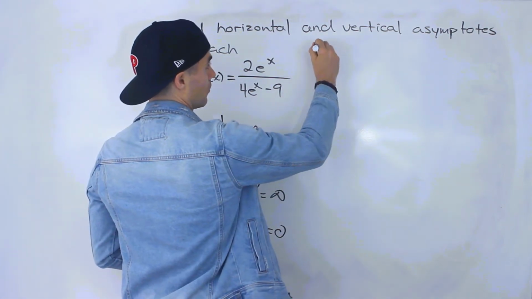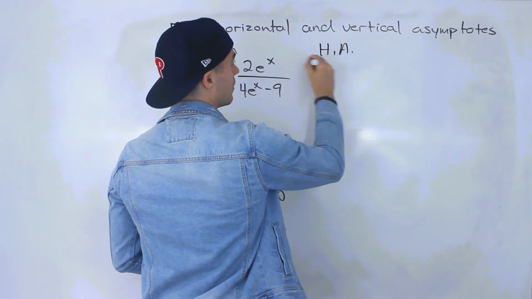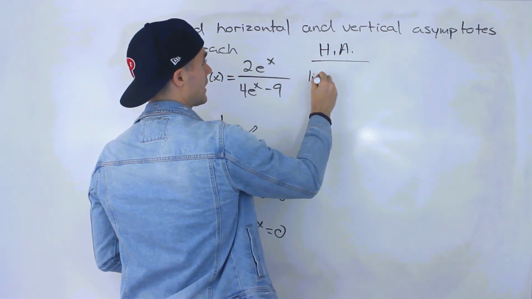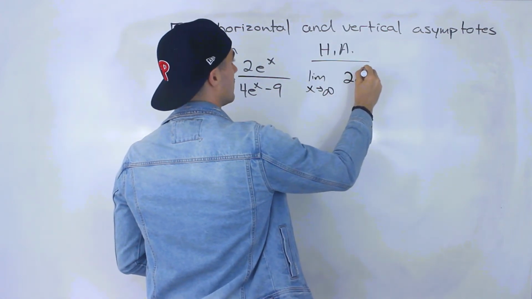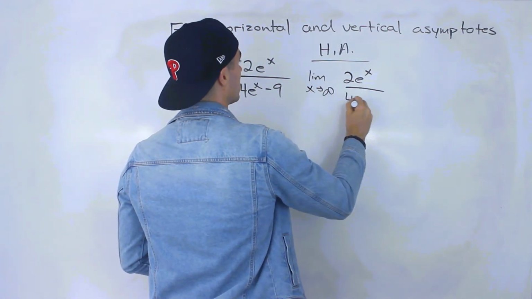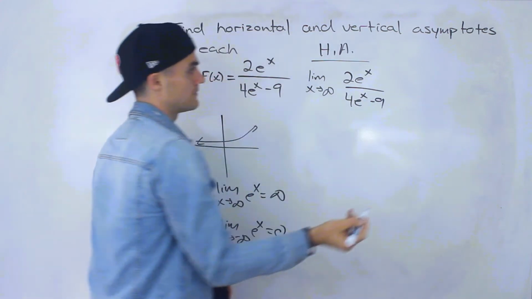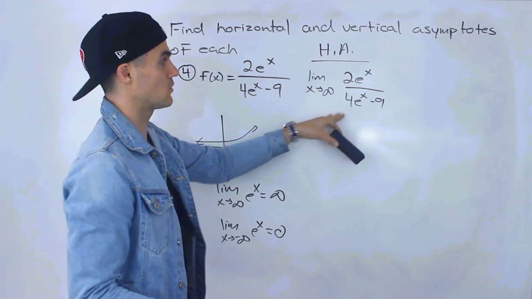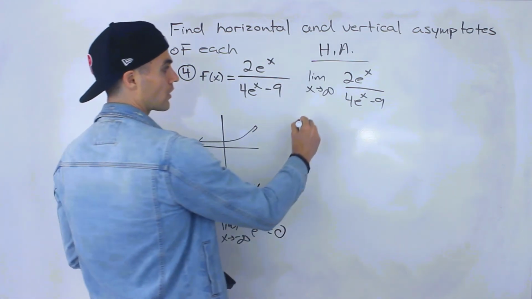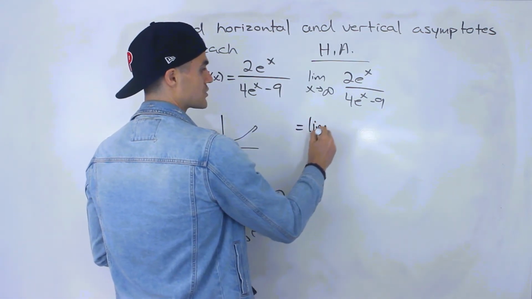So for the horizontal asymptote, let's do the limit as x approaches positive infinity first. So we got 2e to the x over 4e to the x minus 9. Notice this is going to go towards infinity, that's going to go towards infinity, so we have to do a little bit more work to show what it's actually going to go towards.